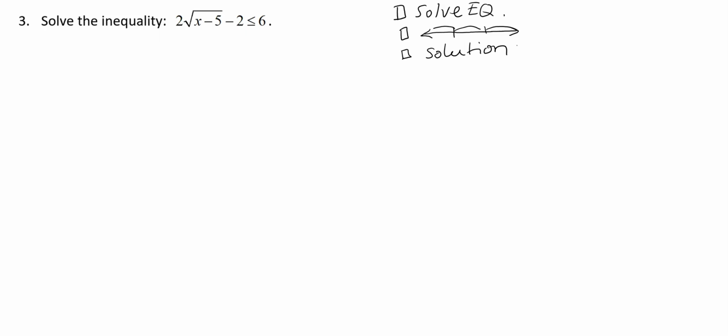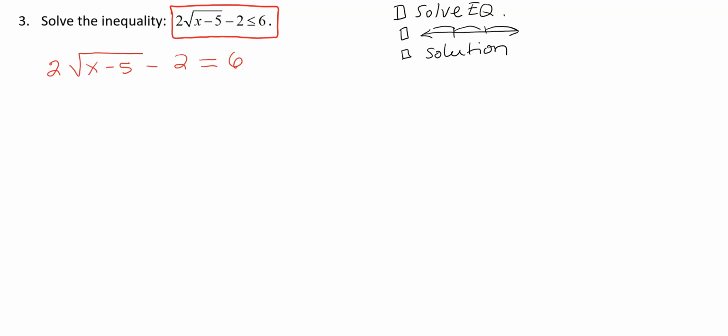All right, so for this question, the question is asking, when is the left-hand side less than or equal to the right-hand side, which is 6. So the first thing we're going to do is ask ourselves, when is 2 times square root of x minus 5, minus 2, equal to 6?